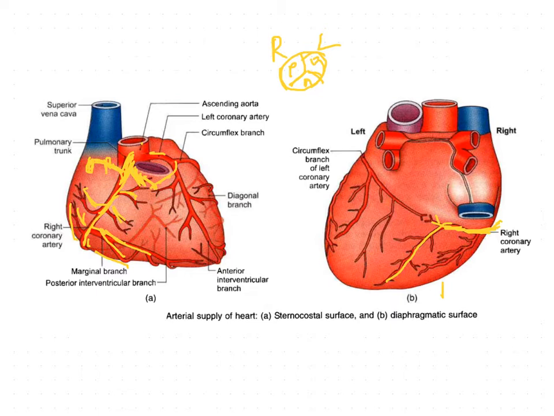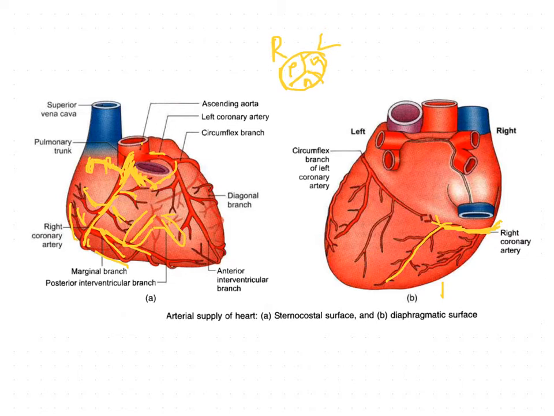And if you look at this posterior interventricular branch, you can see some light reddish part here. This is the posterior interventricular branch, and this one is the right coronary artery, which ends up as the posterior interventricular branch. This interventricular branch gives another branch to the AV node.